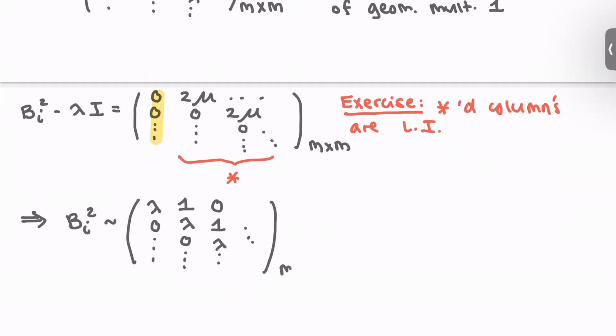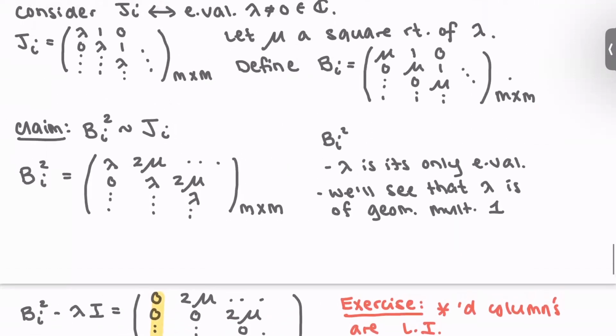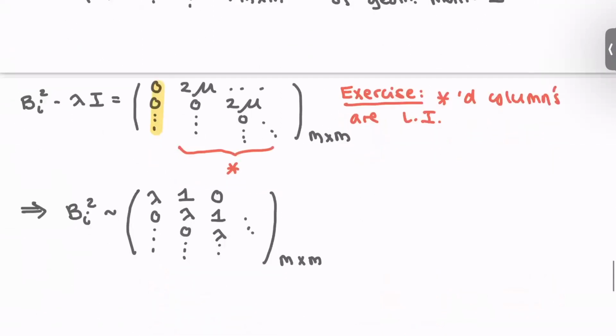And if we compare this with where we were before, notice this is exactly Ji. So Bi squared is similar to Ji. All right, now we're almost there.